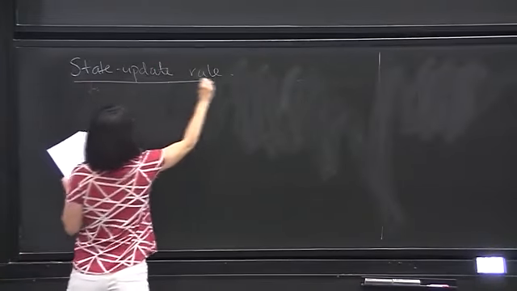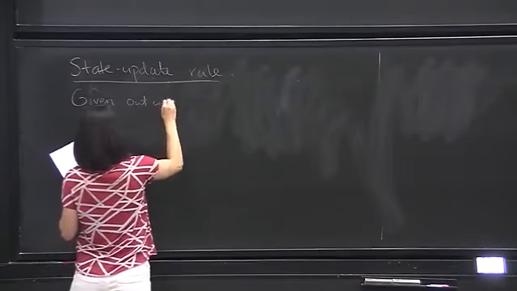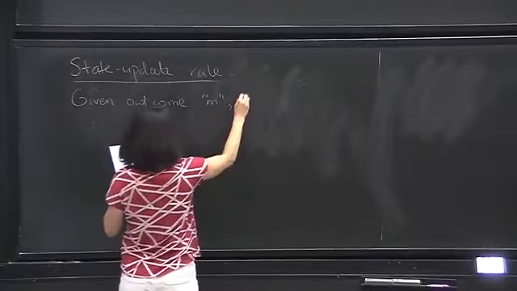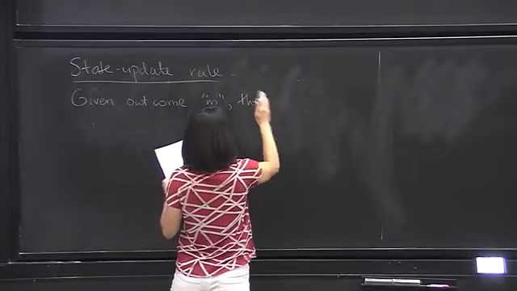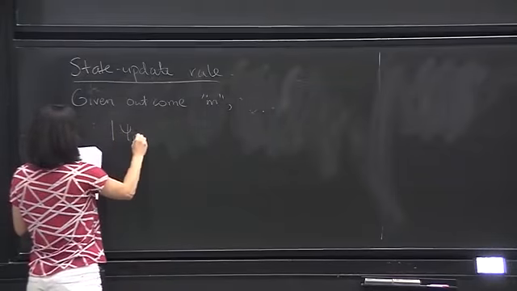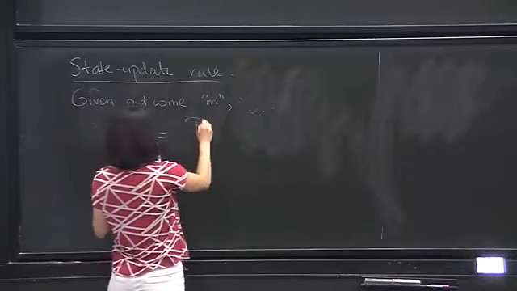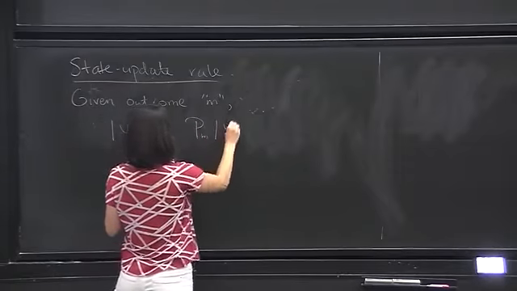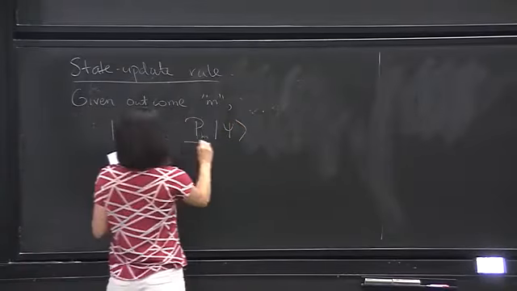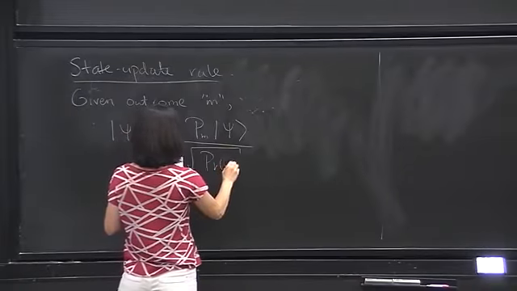Given an outcome M, the system after measurement, labeled with the subscript M, is the projector acted on the ket describing the system just before the measurement, divided by the square root of the probability of getting M.